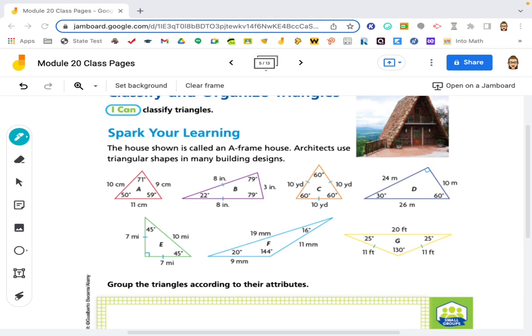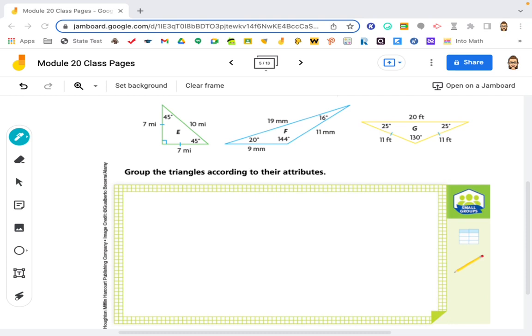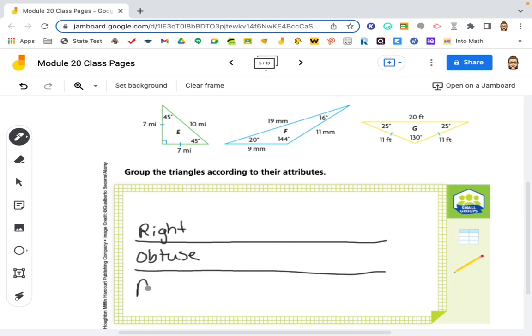So we can look at whether the triangles have right angles, or they're obtuse, or acute.